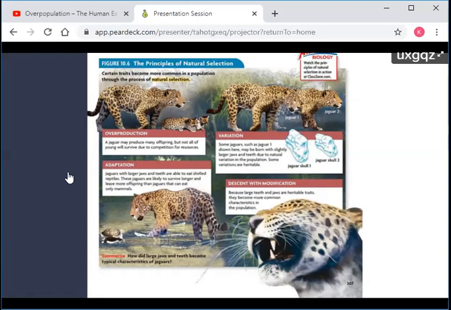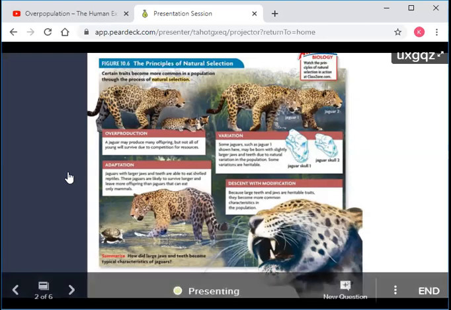It pretty much means that over time, organisms and populations will be better suited for their environment. Just remember that populations and species can evolve, but individuals can't. The jaguar with the smaller skull can't evolve into a bigger skull. He just won't pass on his genes, and he won't have offspring with smaller skulls. So that's natural selection in a nutshell.